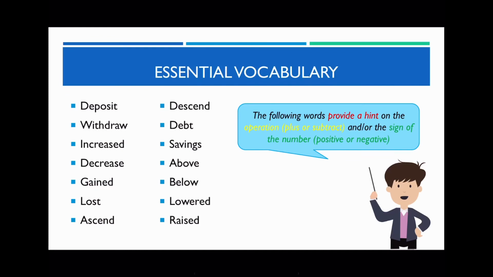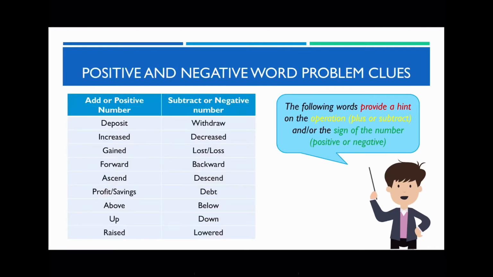Now, this particular slide summarizes all the different words that you're going to be encountering, which you need to be able to identify as indicating either a positive sign or a negative sign. If you copy down all the notes on this slide, anything found in the left column, these words indicate that the number right next to it is going to be a positive sign.